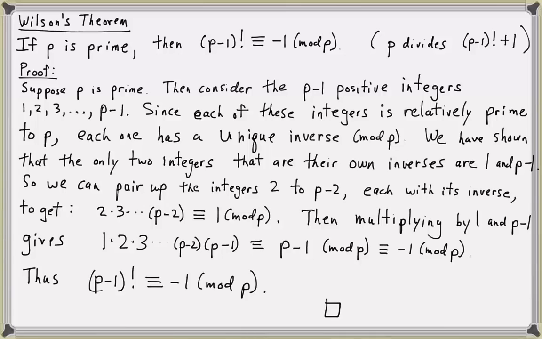So let's look at an example of Wilson's theorem. We know that since 13 is prime, 12 factorial must be congruent to negative 1 mod 13. I'm going to play around with the left-hand side of this congruence.